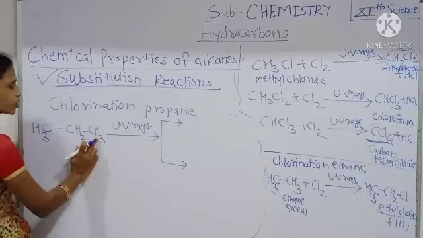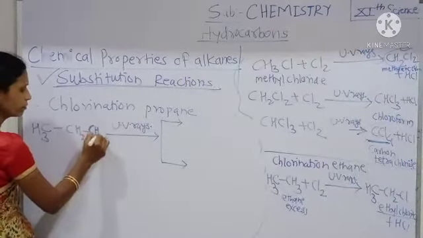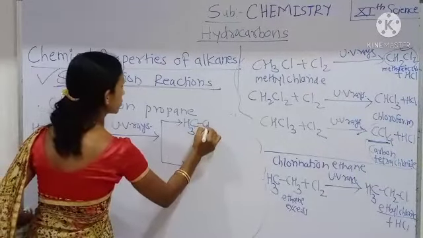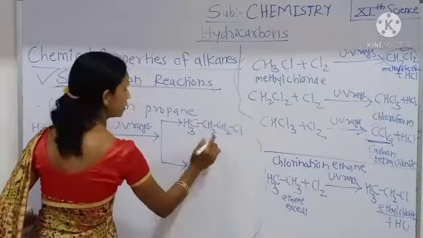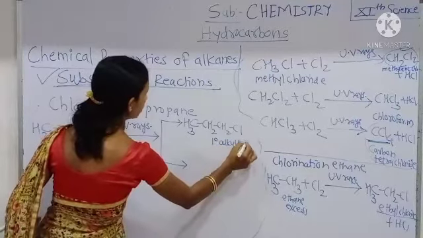Here substitution of hydrogen of a primary carbon atom takes place, and it gives n-propyl chloride, that is a primary alkyl halide.